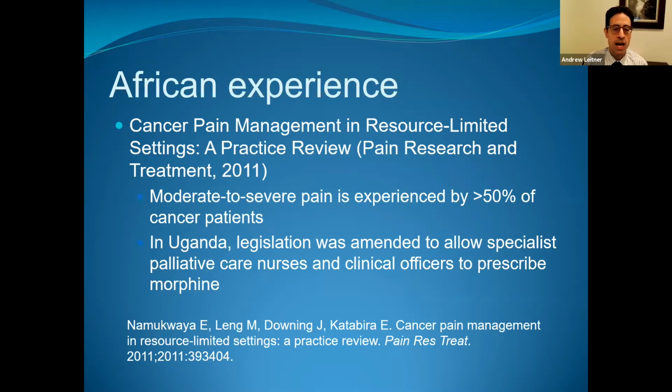One of the challenges has been access to opioids, and the access is not just in supply, but in the number of prescribers per patient that can write for it. So I understand that in Uganda and several other countries, there is some legislative allowance for non-physicians to prescribe morphine as a way of improving access. I would be curious to learn more about that and how that has worked.